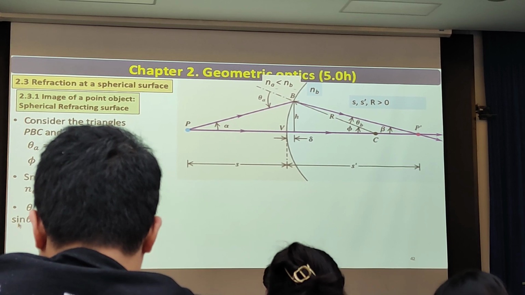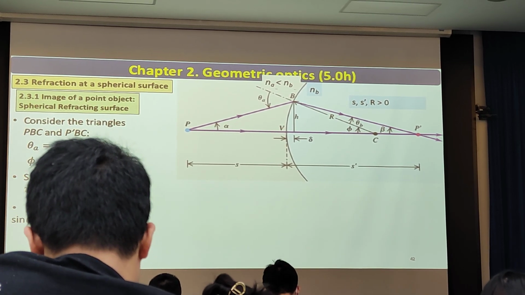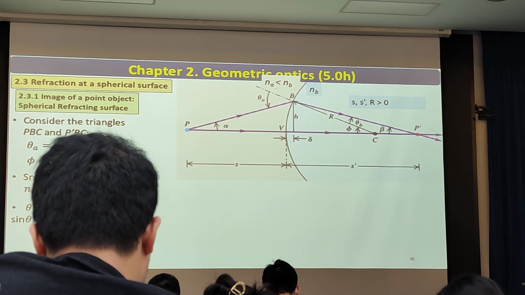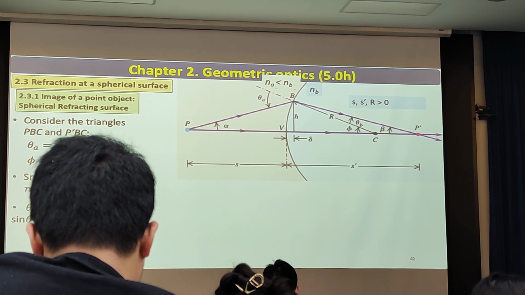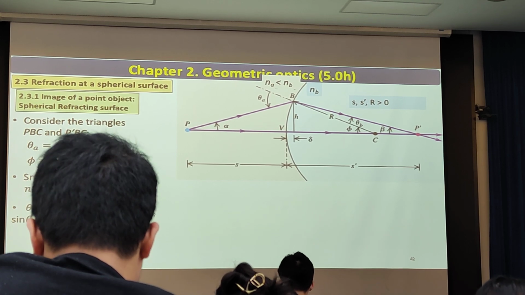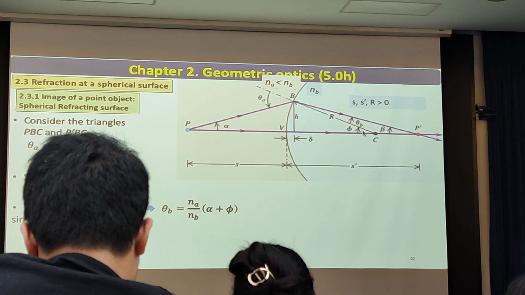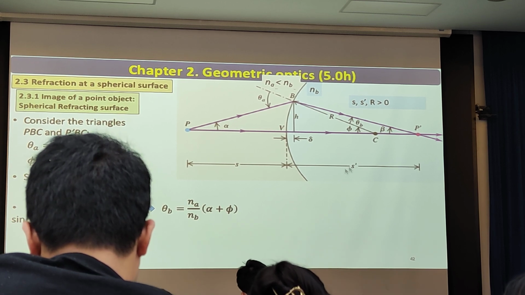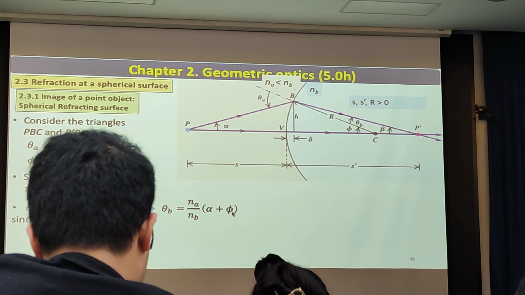Sine theta is approximately theta. So we can deduce that from Snell's law you have NA theta A equal NB theta B. Okay. So you can deduce theta B, the angle of refraction in the second medium, equals NA over NB times alpha plus phi.